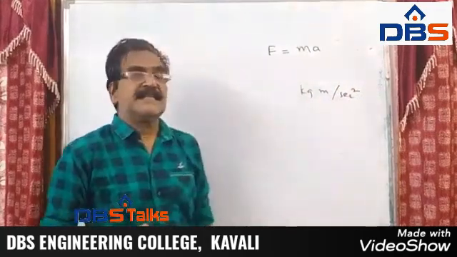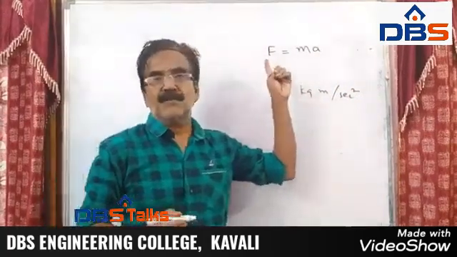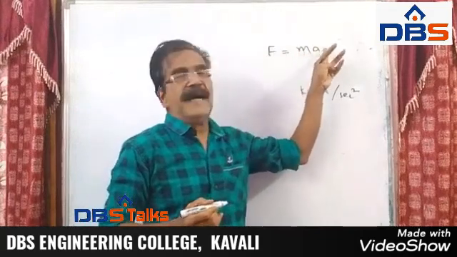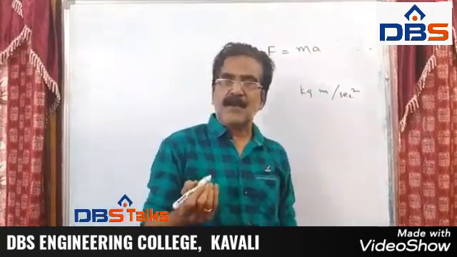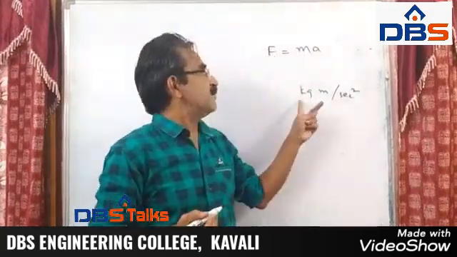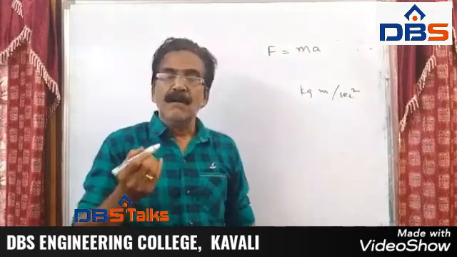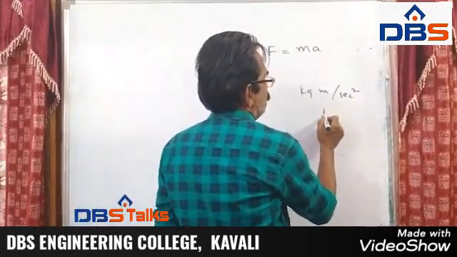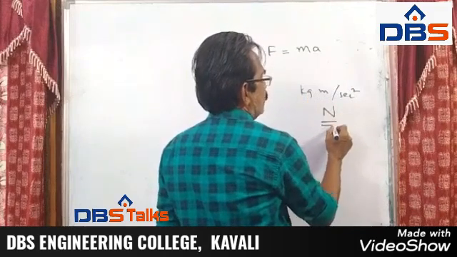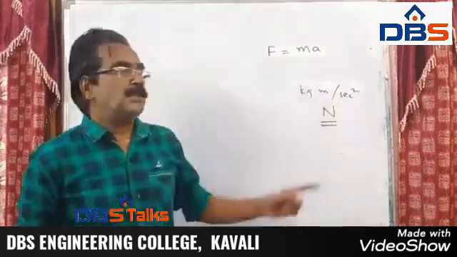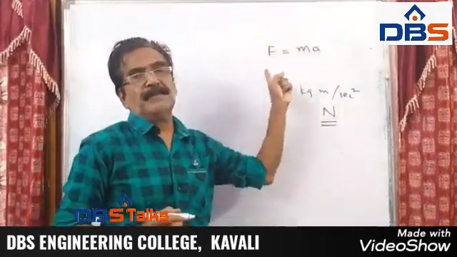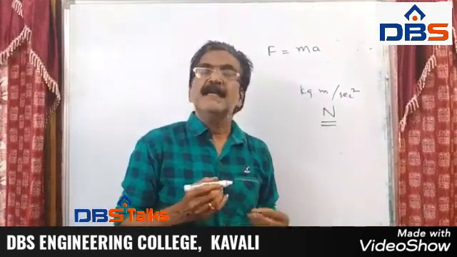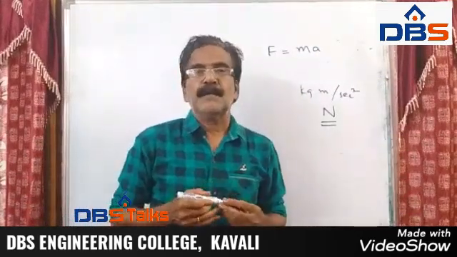This is the unit of force. So 1 kg meter per second squared is equal to 1 Newton. So we are going to do problems involving these three factors: F, m, a. I feel these problems are important.